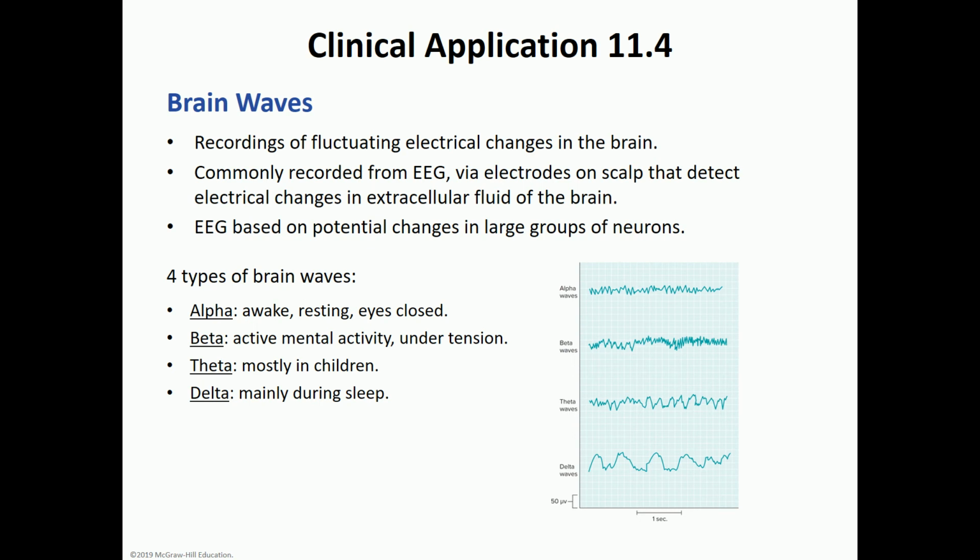Here you can see now these brain waves that we were talking about, and they're recorded through an EEG, or an electroencephalogram, where we put electrodes on the scalp, and those are going to detect all of the electrical changes that are happening. There are 4 types of waves that we want to be familiar with. The alpha waves, those are the waves that occur if you're awake and resting with your eyes closed.